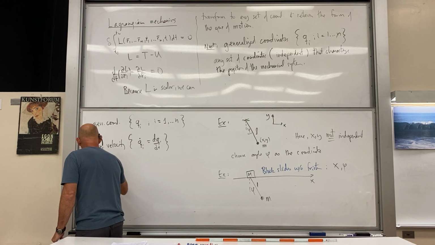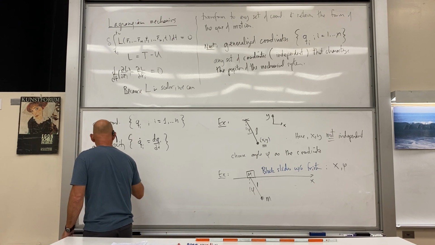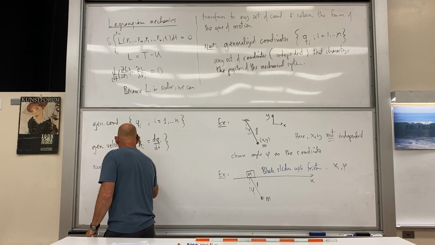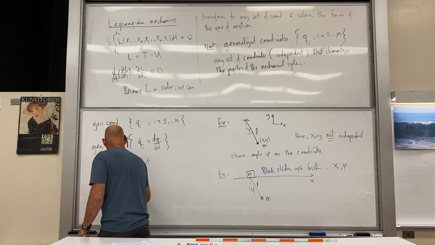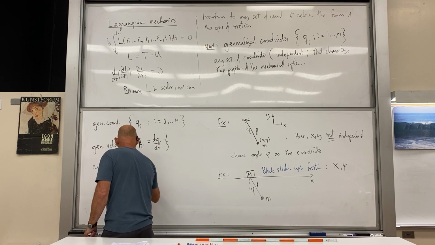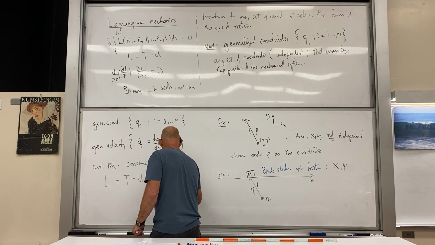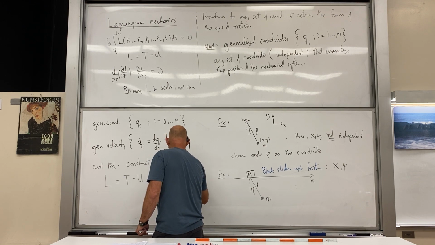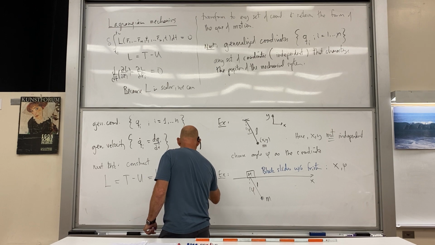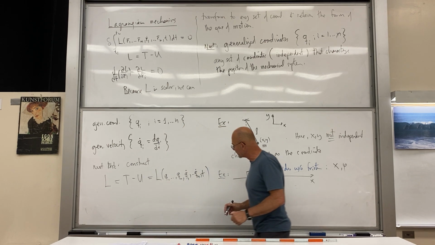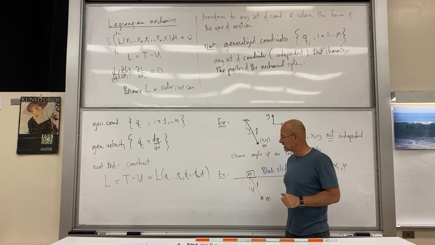So the next task, construct L equals, it's T minus U of course, but it's L of q1 to qn, q1 dot to qn dot, and t. This semester we won't really be doing explicit time, but that's in there as well.